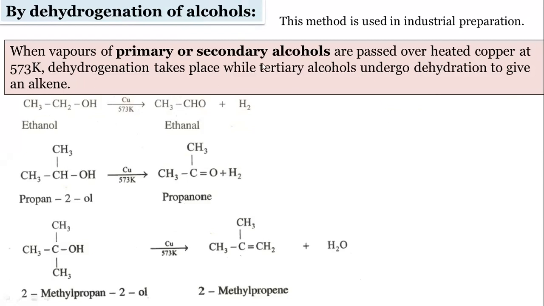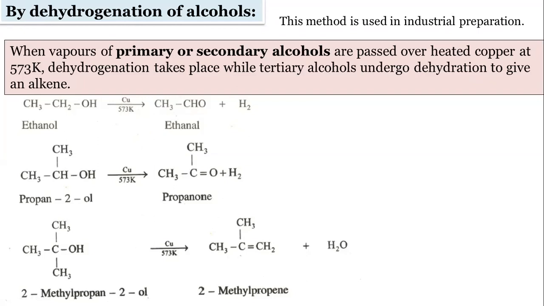Now, the next method is by dehydrogenation of alcohols. This method is used in industrial preparation when the vapors of primary or secondary alcohols are passed over heated copper. This reaction we also discussed in chapter number 11, that is Alcohols, Phenols and Ethers.